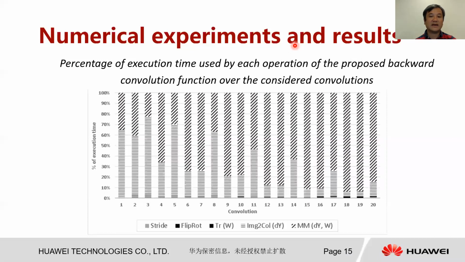So that's why there are still 8 cases where the approach using col-to-image and matrix multiplication is better.